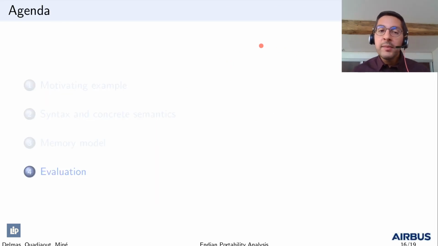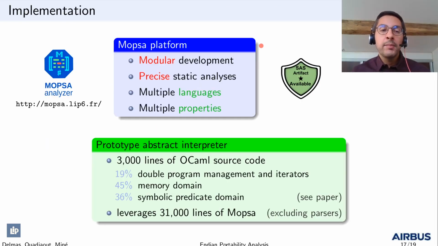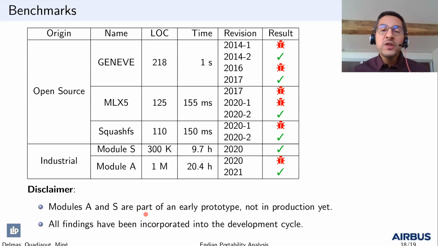Now we have implemented our work with the MOPSA platform, which allows for the development of precise static analysis of multiple languages for multiple properties. Our prototype is 3,000 lines of OCaml, most of which for the memory domain, and it leverages much more lines of the platform. We have benchmarked our prototype on open source and industrial software.